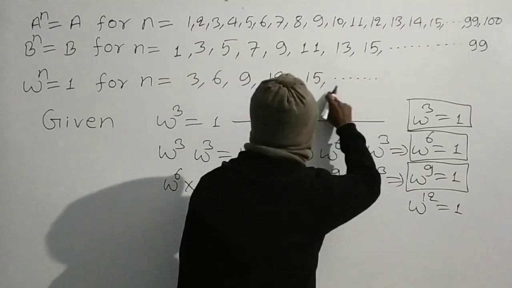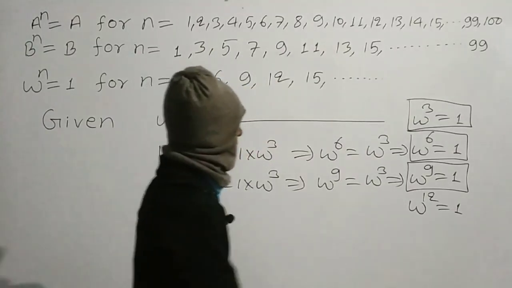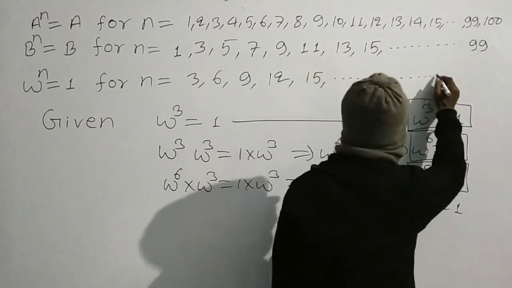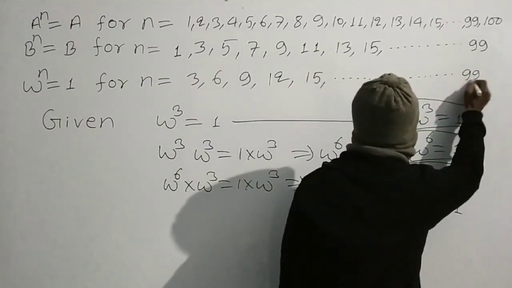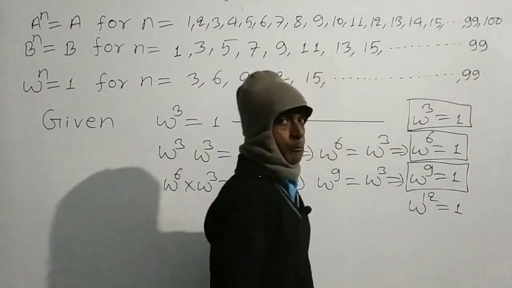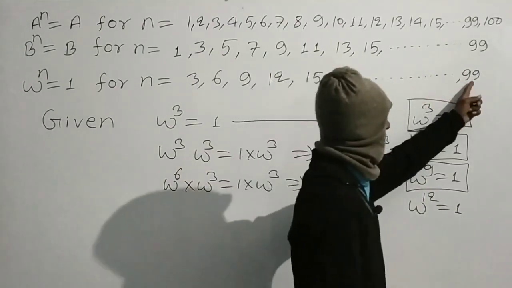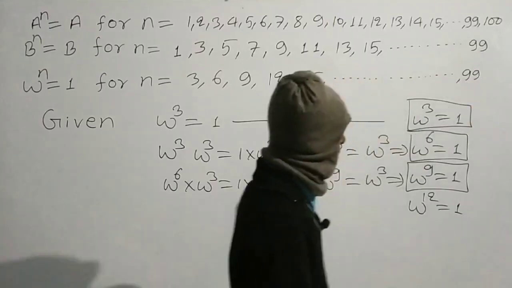Similarly, we get more multiples of 3, and the last number will be 99, which is a multiple of 3, because 100 is not a multiple of 3. Therefore, the last number will be 99.